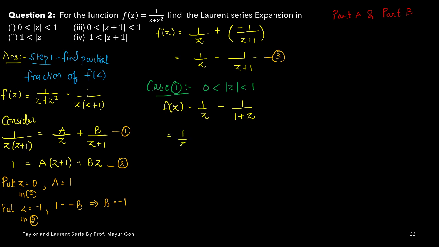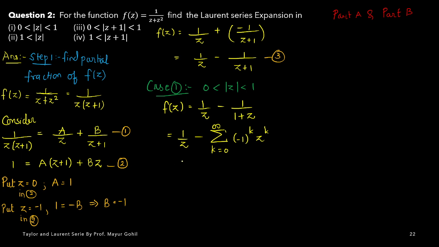I am going to write the series format. The series format for this was the summation of minus 1 to the power k z to the power k, k running from 0 to infinity. This is the final answer. If you wish to write the expanded form, I'll give you that too, but this is the answer.